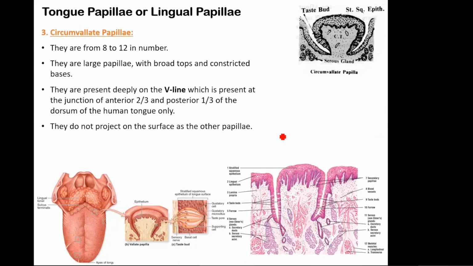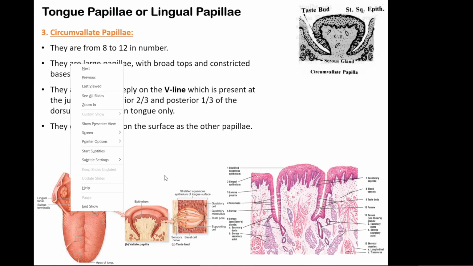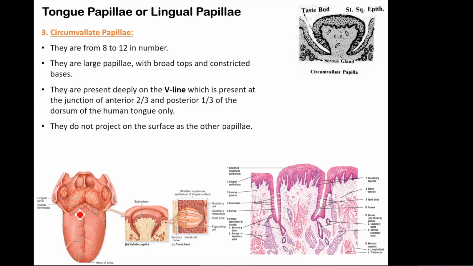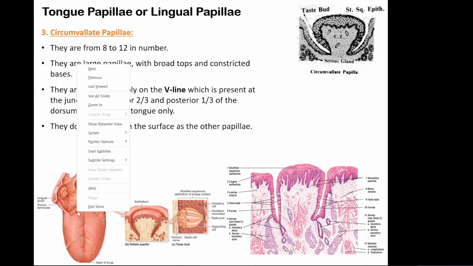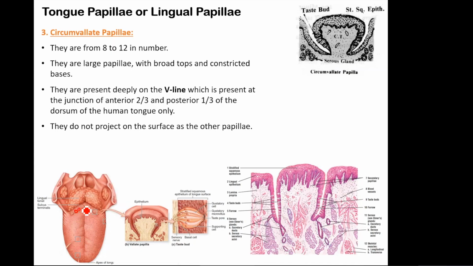So not to say that much about the circumvallate papilla, but I think, guys, if you look in the mirror, you would see some protruded masses at the border between the anterior two-thirds of your tongue and posterior one-third. These are circumvallate papillae, the third type of papillae.